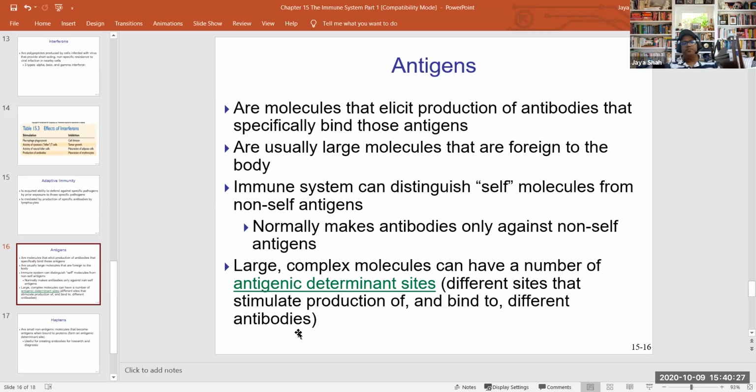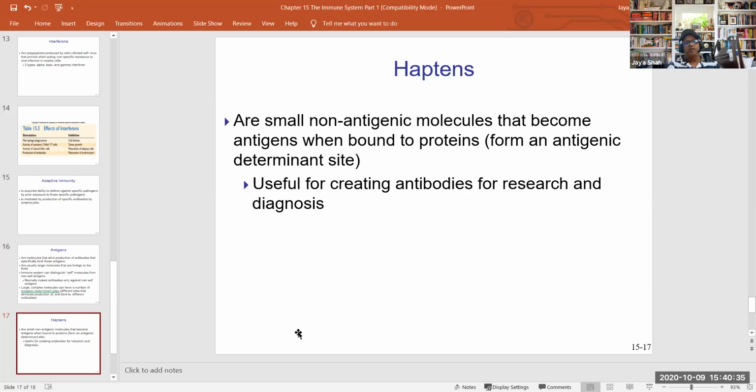Some of the antigens are large and they have several antigenic determinant sites. Some of the small molecules in our body are non-antigenic molecules. We call them haptens, okay?